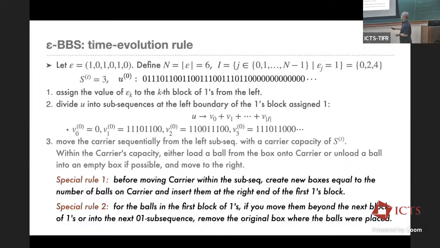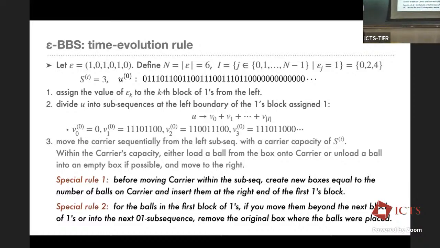Just before you go ahead, could you remind us what the rule was in the Laurent case for moving the ball and box to the next?